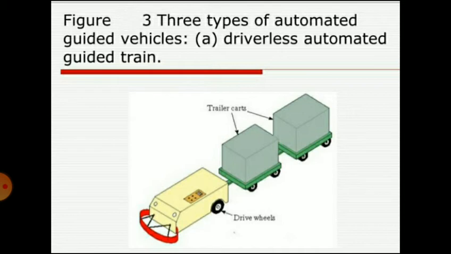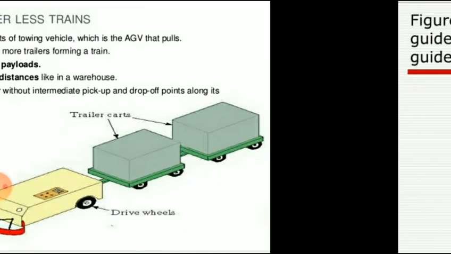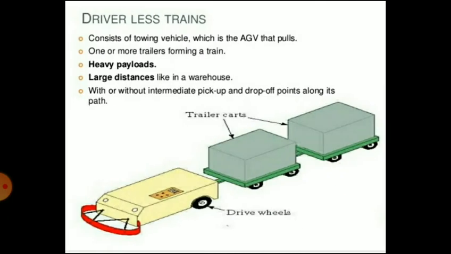So this is a diagram of the driverless automated guided train. It is used to move heavy loads over long distances in warehouses or factories with or without intermediate pickup and drop off points along the route. You can see the diagram, the cars that are attached to the towing vehicle.